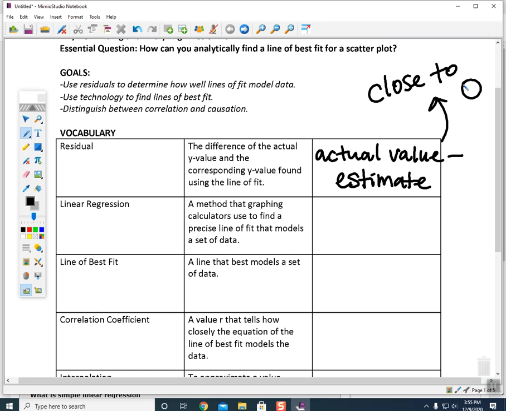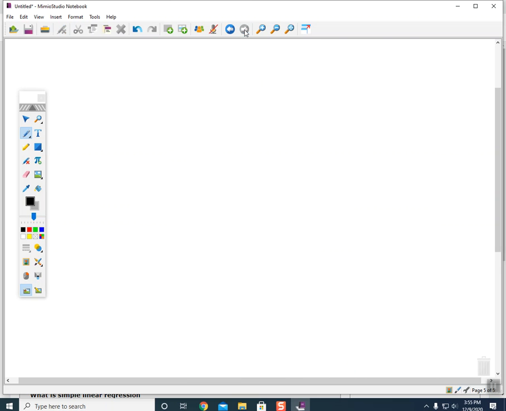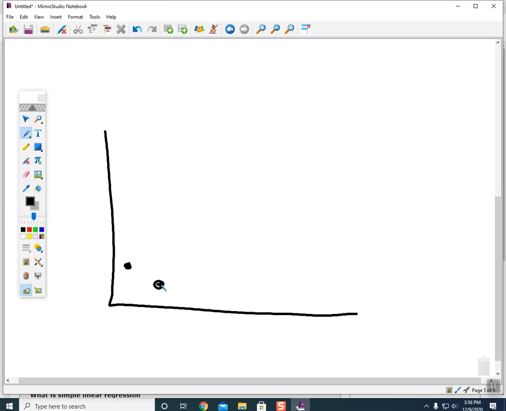Okay, so here is, I'll do it down here, I guess. If this is my graph like this, and I have some data points here, we'll just throw some random ones.